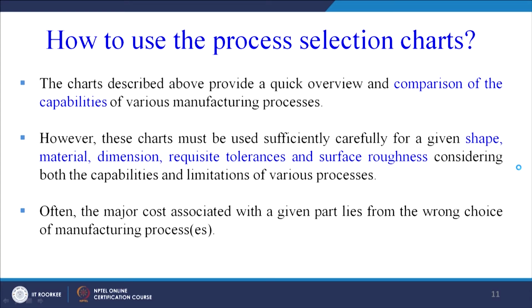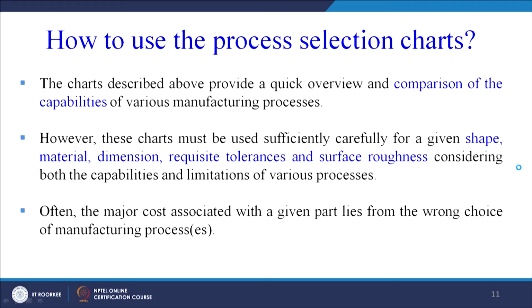In reverse order, just now we saw surface roughness, what kind of surface roughness will be produced by the different processes. We have seen tolerance, then in today's class maybe mass, then in the previous session we took shape, and we also took the material. Now depending upon the material, the shape, the mass, the surface roughness, and the tolerance, we can very easily categorize the processes and select the process accordingly.